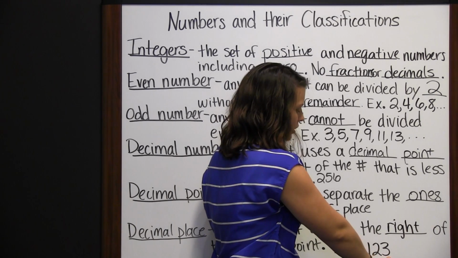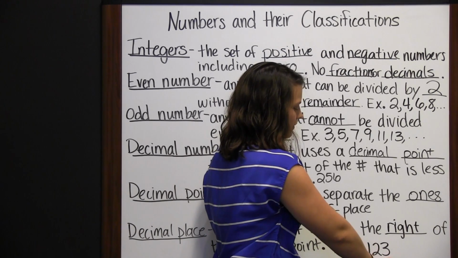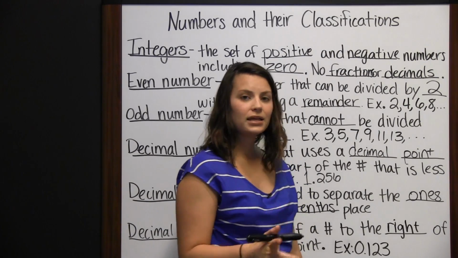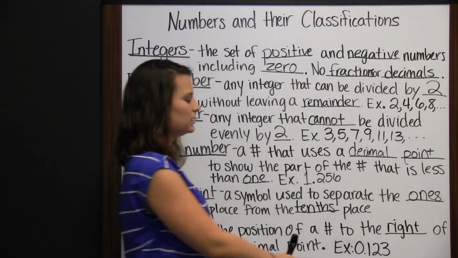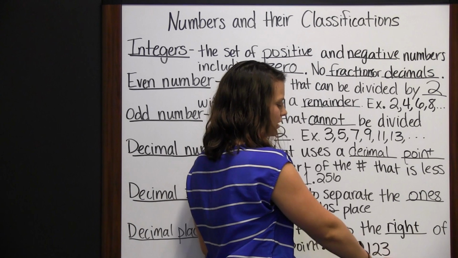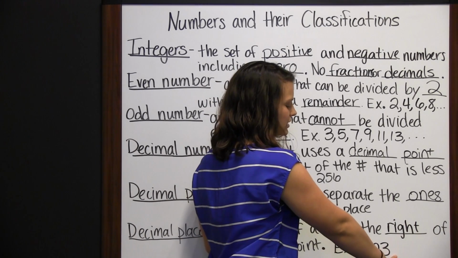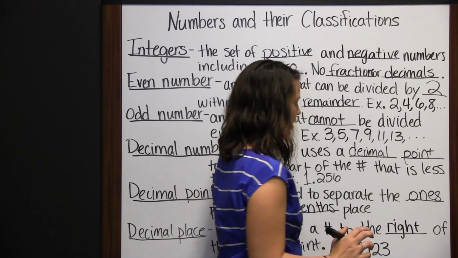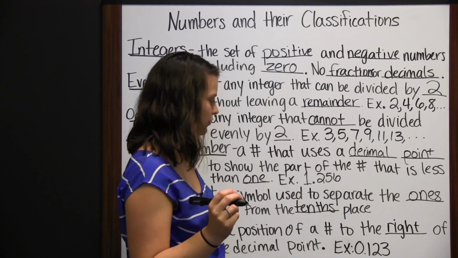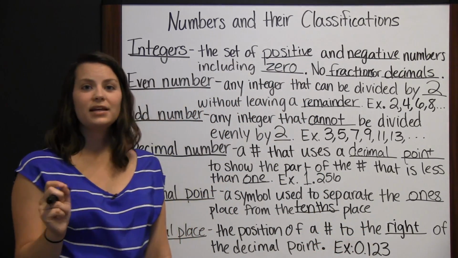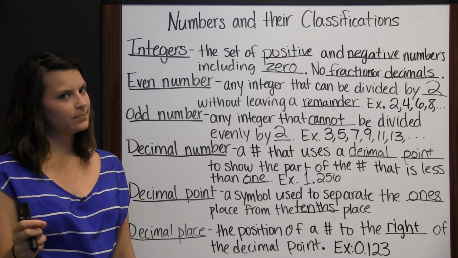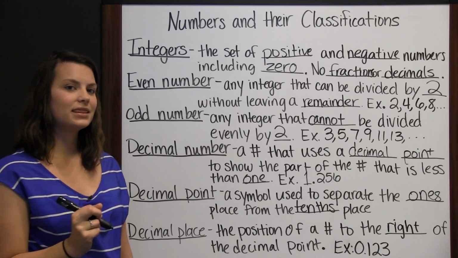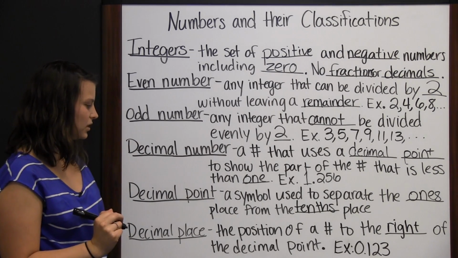And the 3 is in the third position to the right of the decimal. That's the thousandths place. And it continues on like that. Tenths, hundredths, thousandths. Next would be 10,000ths, 100,000ths, and so on and so forth. Notice that they all end in a THS. So it's not 10,000, it's 10,000ths because it's decimals.